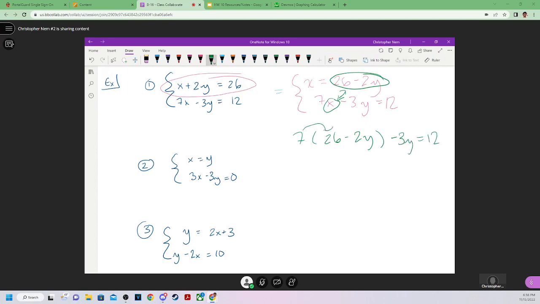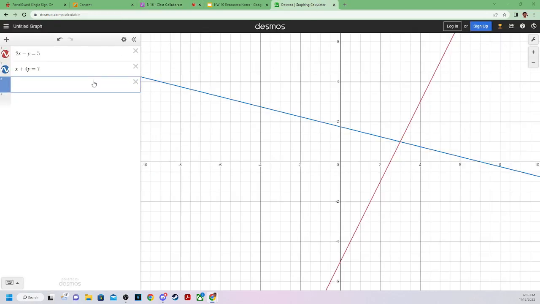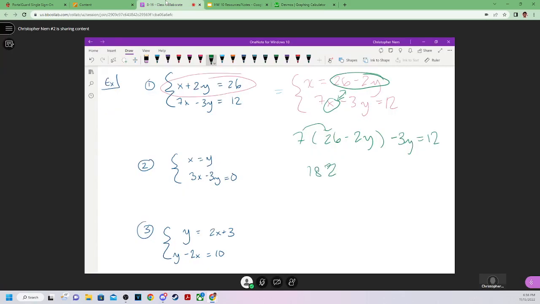Distribute this out, you get 7 times 26, that's 182. Let me fix that up so that looks nicer. 182 minus 14y minus 3y equals 12. Good. And then if I combine like terms, I get 182 minus 17y equals 12.